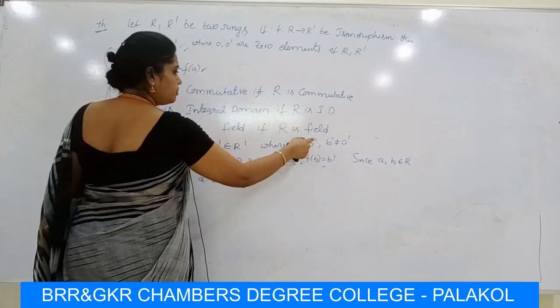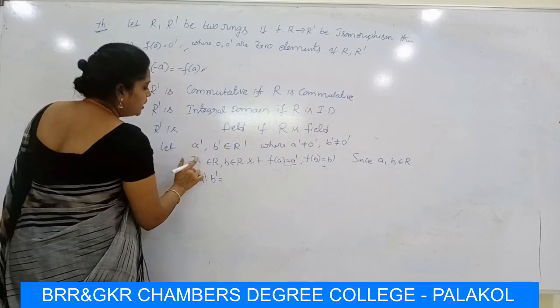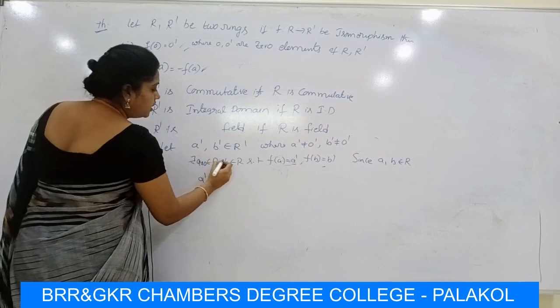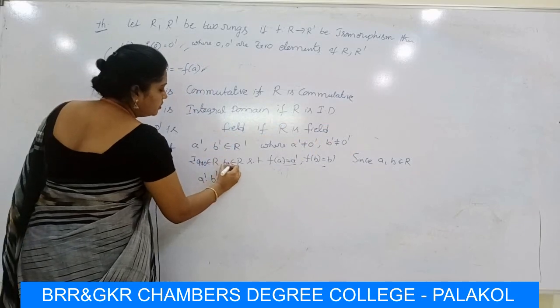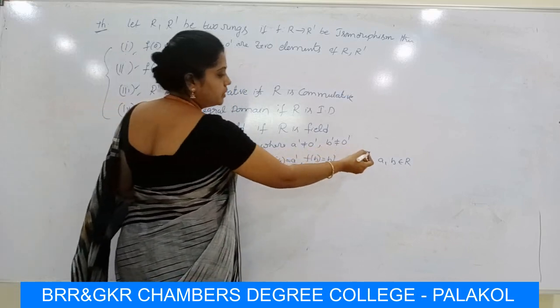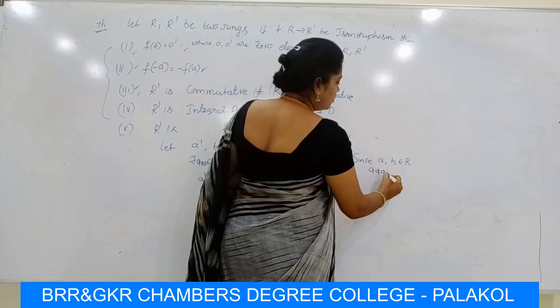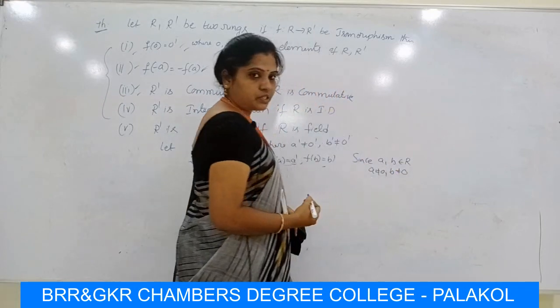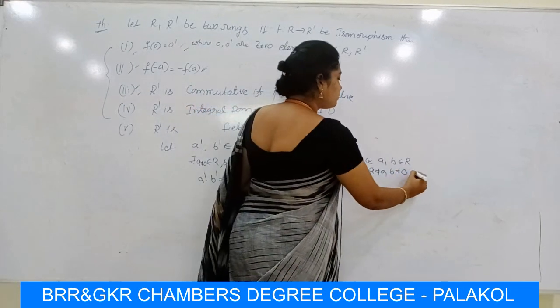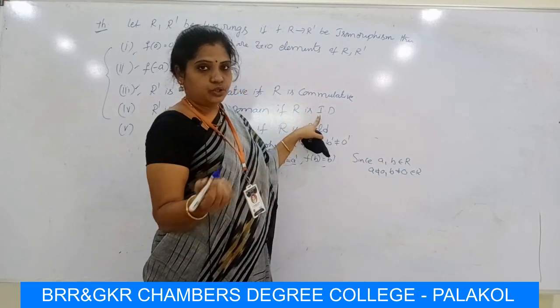So for these elements there exist non-zero elements. So we take a not equal to 0 and b not equal to 0. Then f(a) is equal to a' and f(b) is equal to b'. Here a, b are elements of R and also these are non-zero elements of R. Since R is an integral domain, that implies R has no zero divisors.